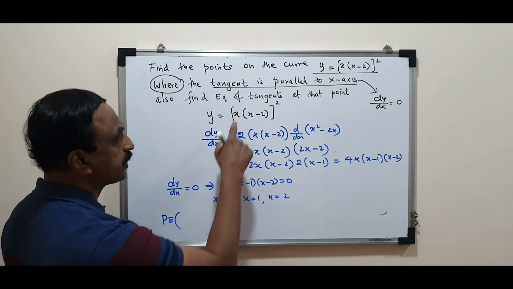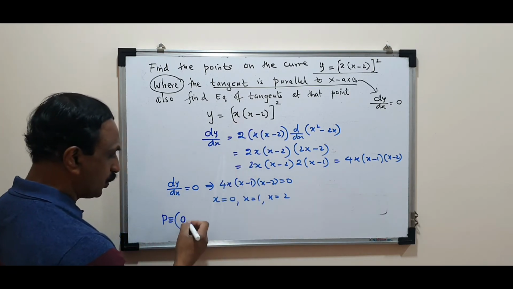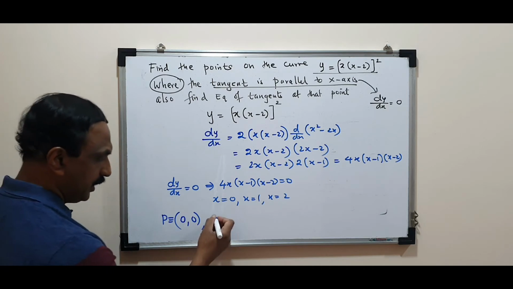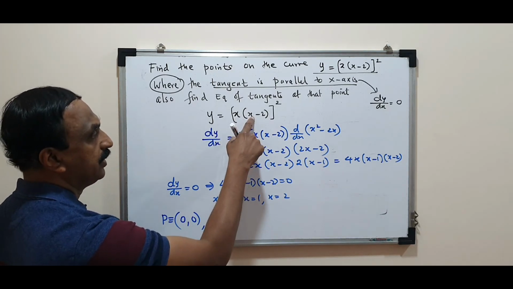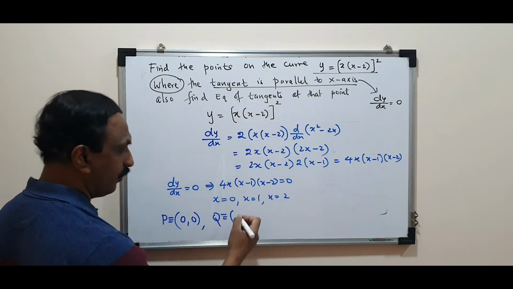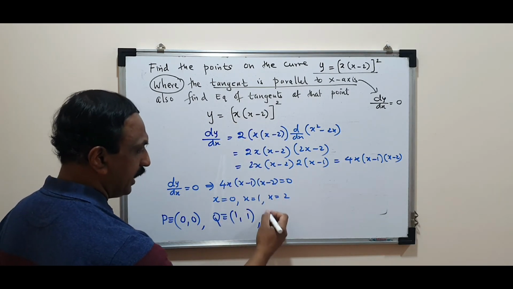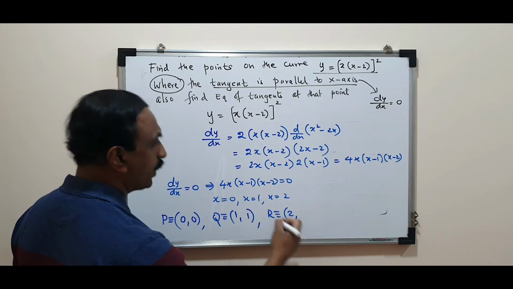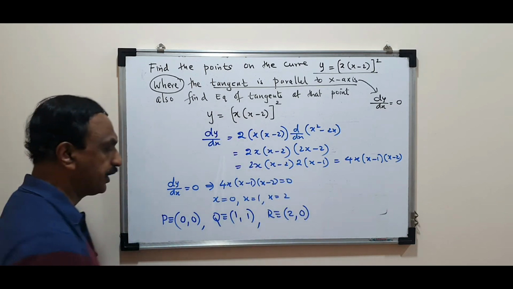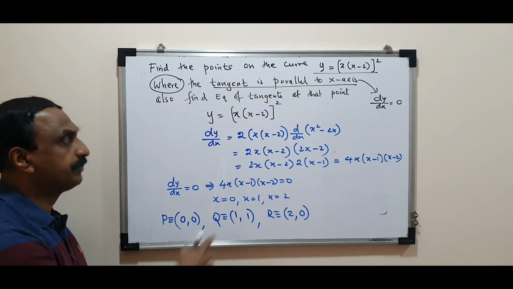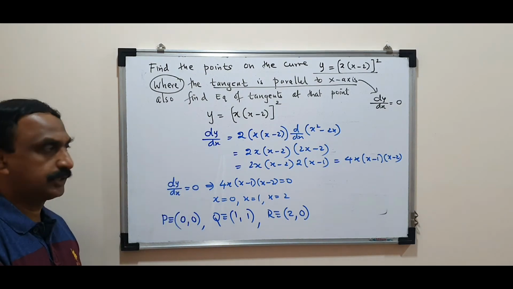When I put x as 0, 0 into 0, so (0, 0) will be the first point P. Next point Q: put x as 1, 1 minus 1, 1 will become (1, 1). Then at the third point R, x coordinate is 2, 2 minus 2 will give you 0, so (2, 0). These are the points where the tangents become parallel to the x-axis.